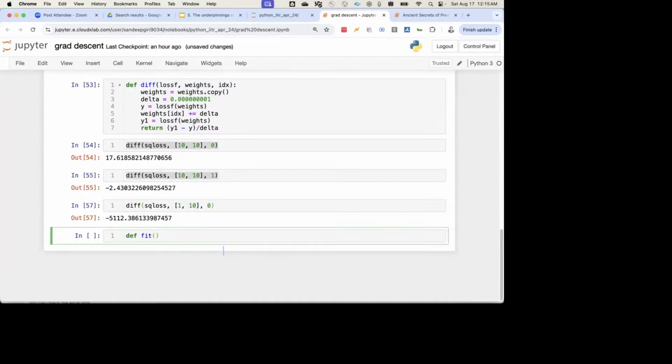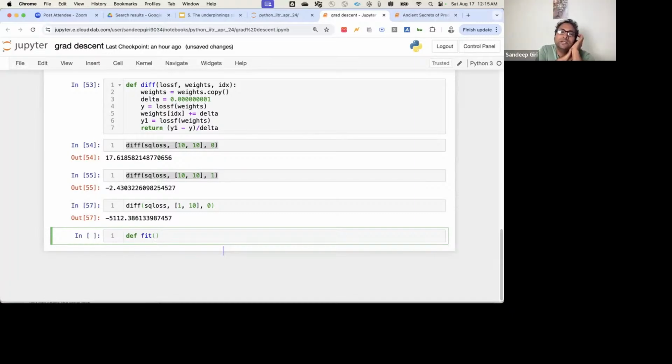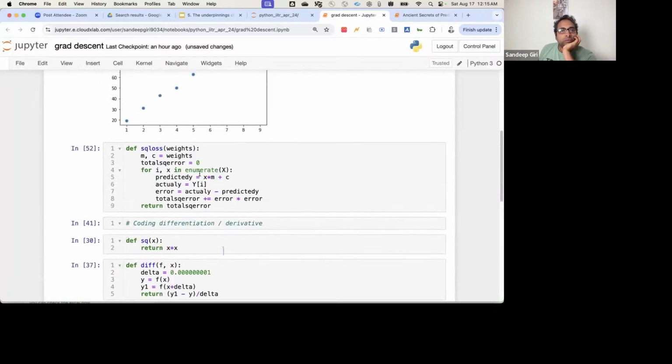The index will have to go over the entire data set. Yes, if you see, we are going over the entire data set here.